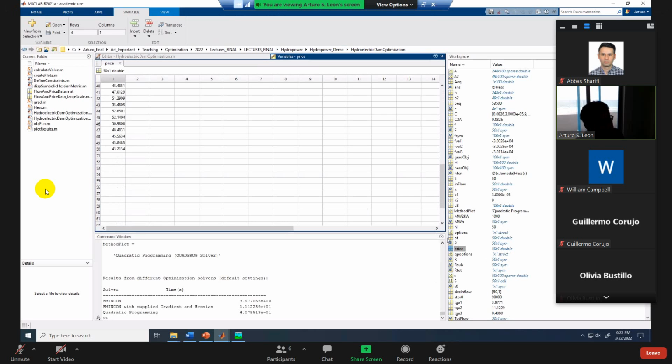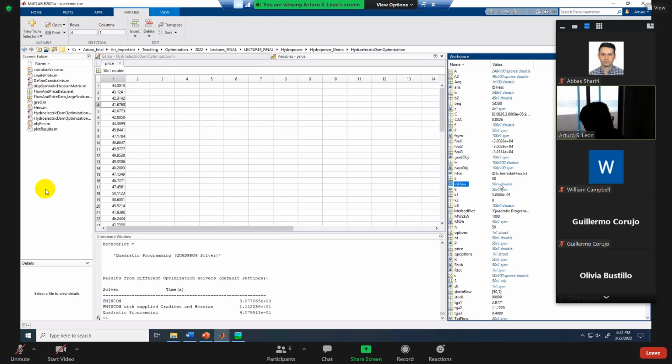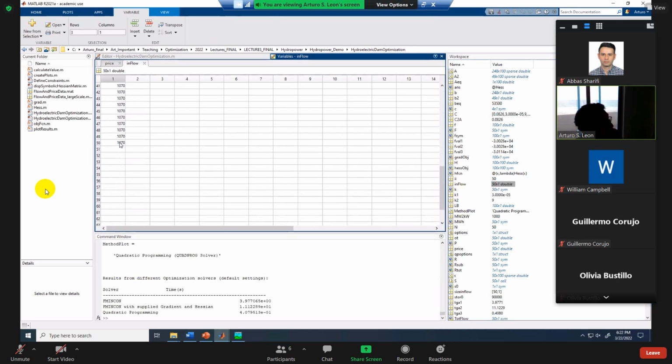So you have 50 values of the price. The same thing you have for the inflow. If you click there, you have the inflow. It's constant, right? Because 1070 is constant. We said it's going to be constant, so here I have the flow, and it's constant, right? Okay.